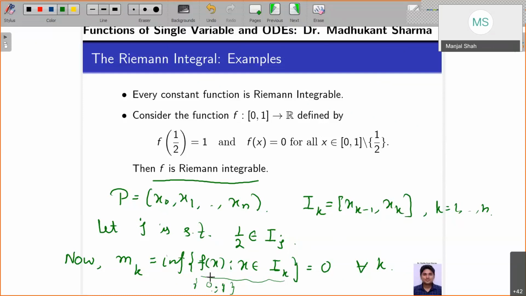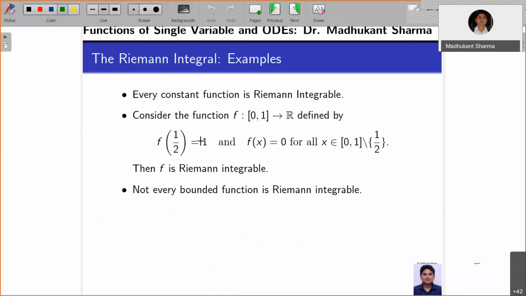Similarly for the capital M. If you replace 1 by minus 1, then small m_k becomes minus 1 instead of 0, because we are not taking magnitude. If you take 2, 3, 4, the minimum is still 0, so the infimum is 0. If you take a negative value, it is going to be negative. Okay, sir.